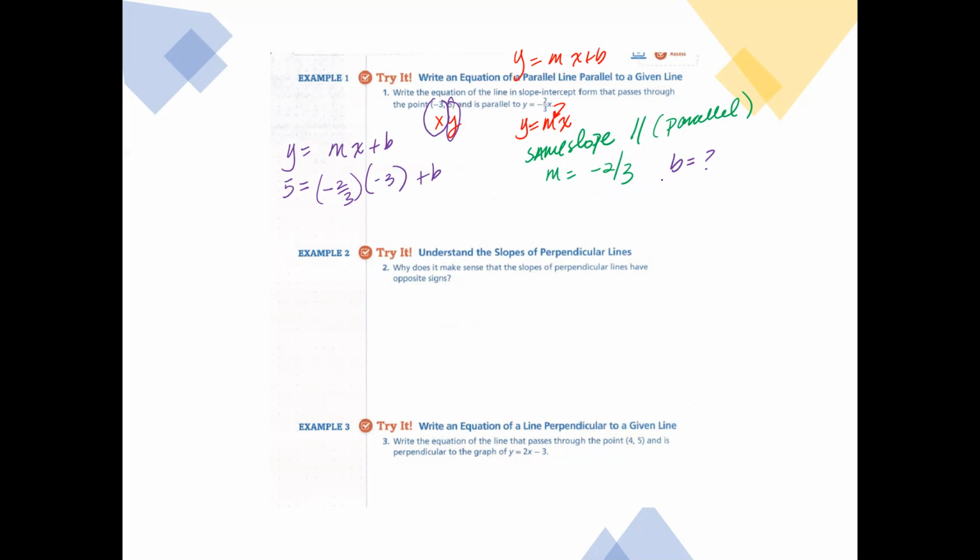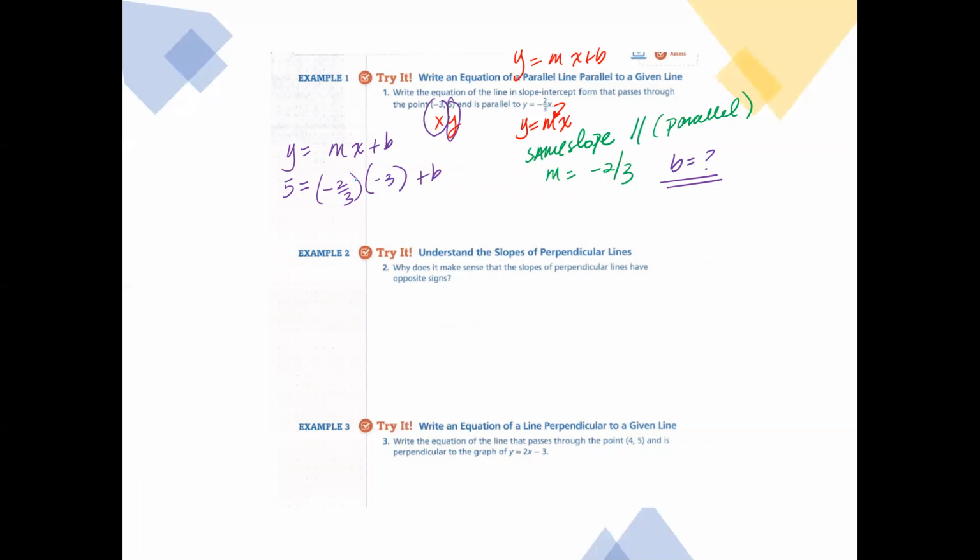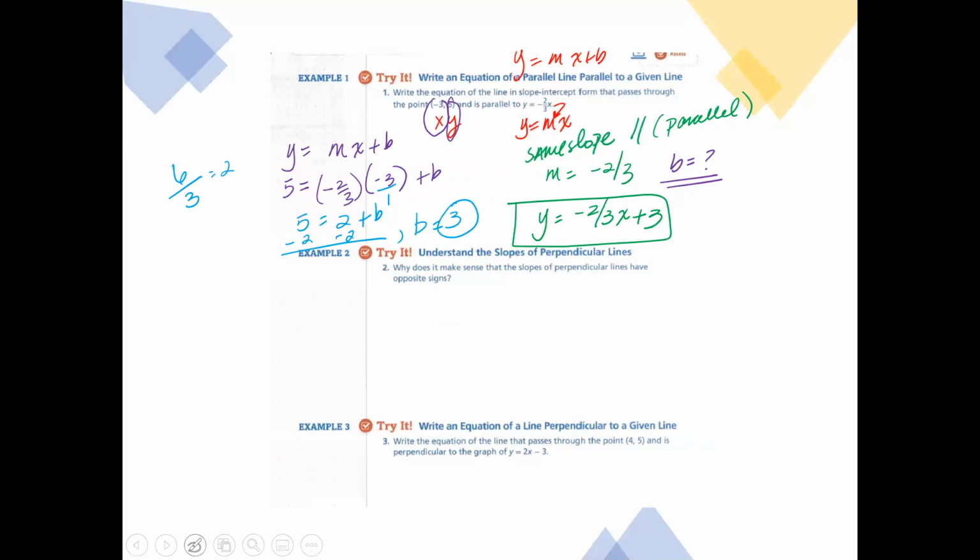So again, my goal is to figure out what b is. I multiply the -2 with the -3, which gives me a 6, and 6 divided by 3 is a 2. To find b, I subtract the 2 on both sides, so b is equal to 3. Now I can write my equation: y equals -2 over 3x plus 3. And this is my equation.